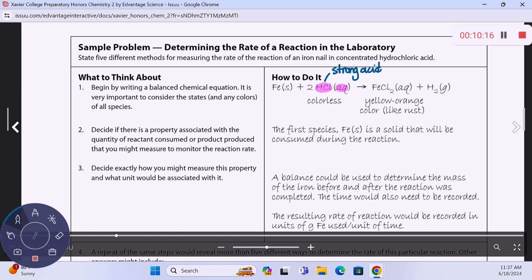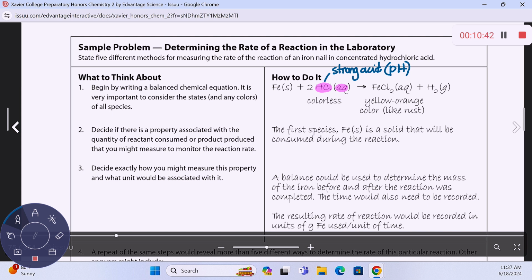As you consume that strong acid over time, what will change? What are a couple of things that you could measure? Color, the mass. It's colorless. pH. You're forming iron 2 chloride.